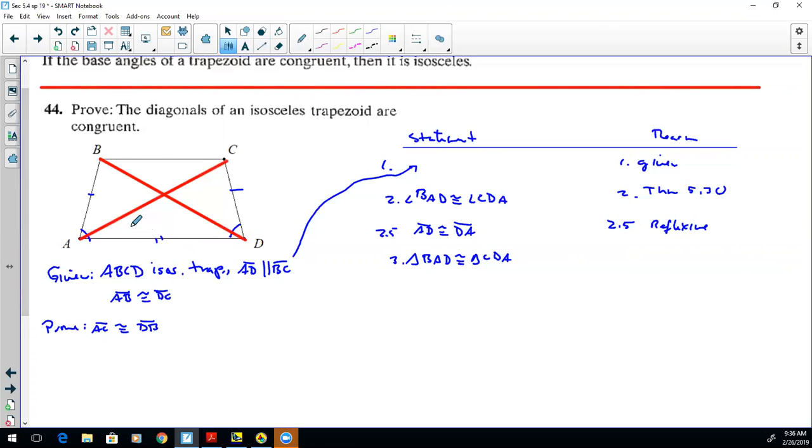Okay, so now I have sides that are congruent, angles that are congruent, and a side that is congruent. So BAD is congruent to CDA by side-angle-side.